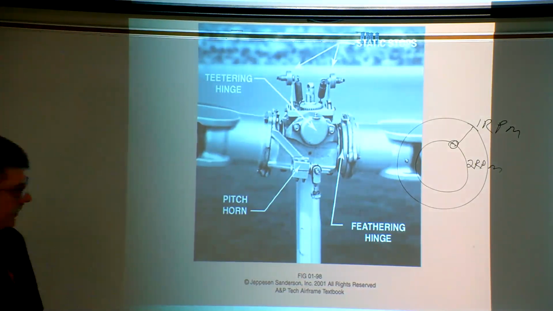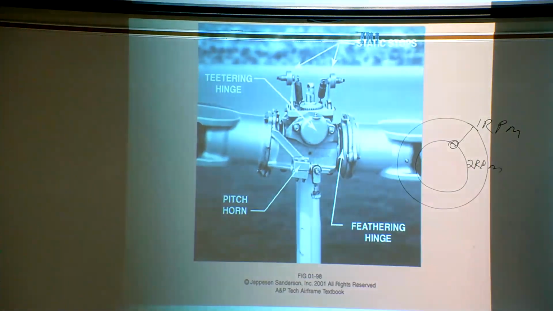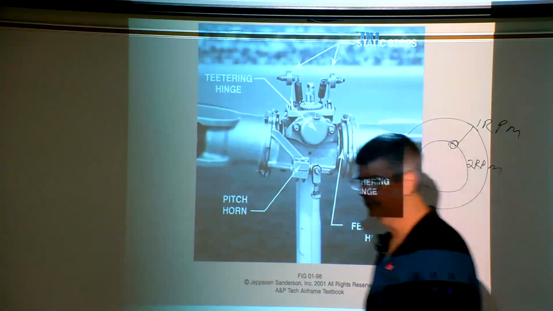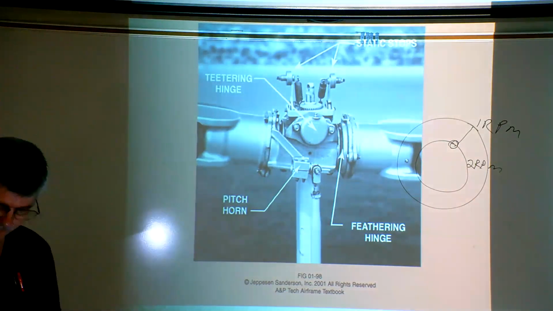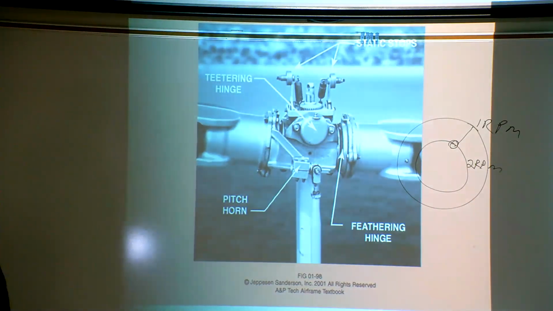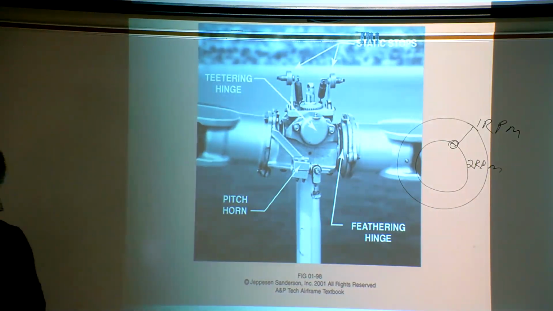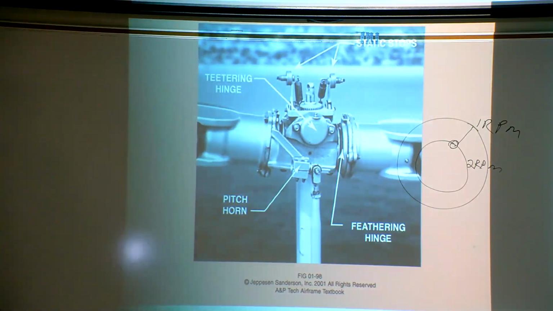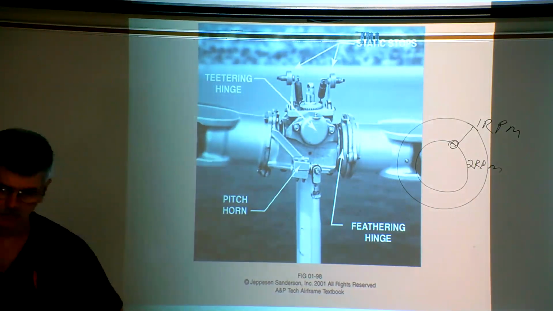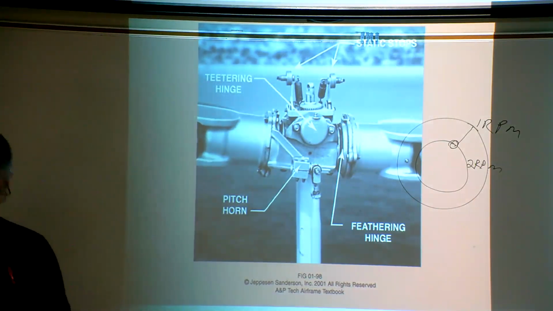The next little section talks about the forces acting on the rotor blade. And of course, yes, we have gravity. Okay, we have gravity, which basically makes the rotor blades droop towards the ground.